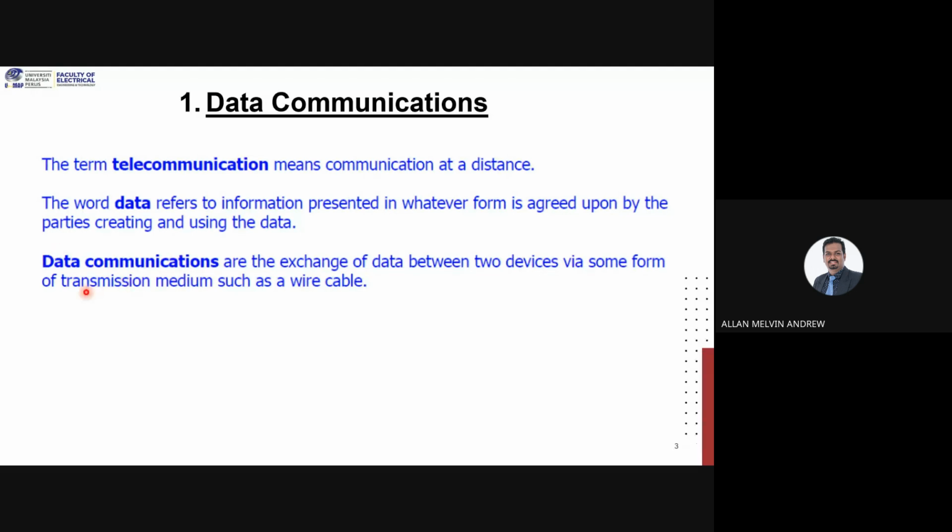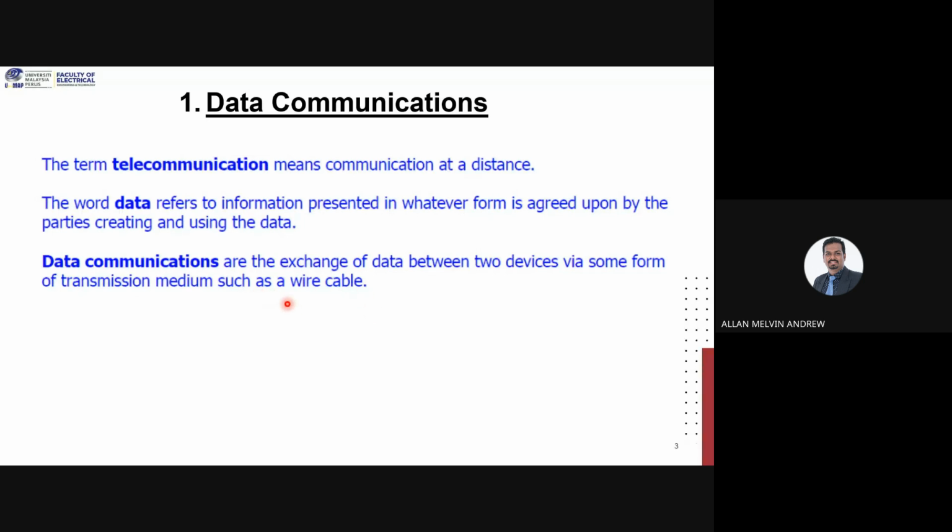Data communication means the exchange of data between two devices via some transmission medium, such as wired cable or wireless. Nowadays we have wireless. For example, your handphone to your parents' handphone: two devices are involved and it is passing through a transmission medium.